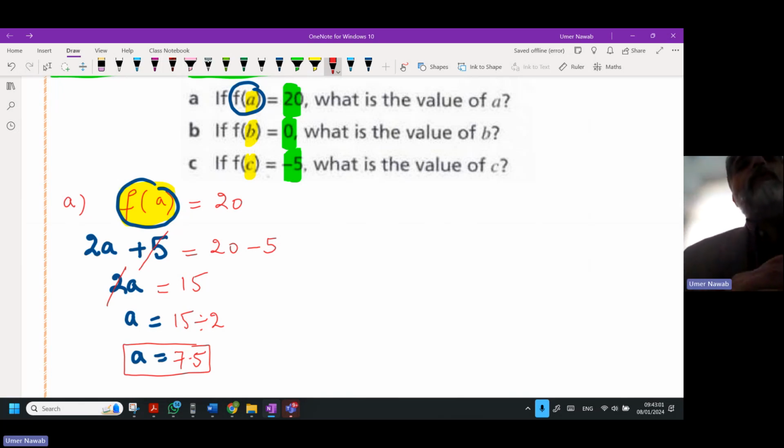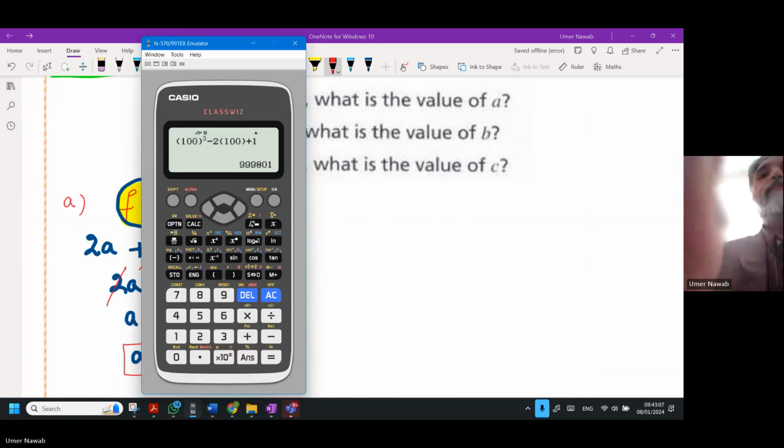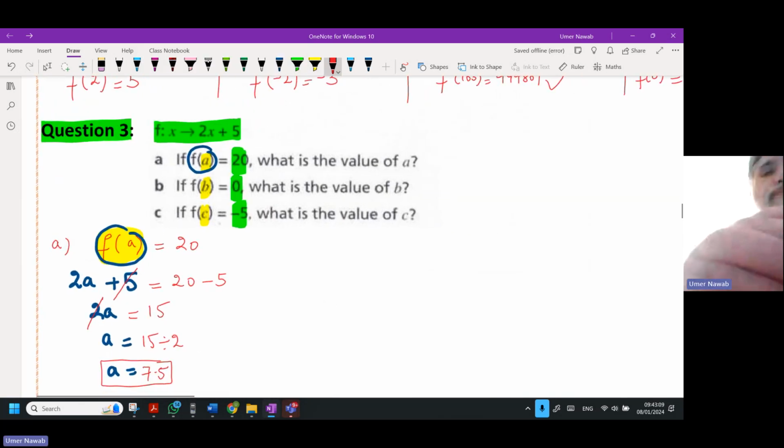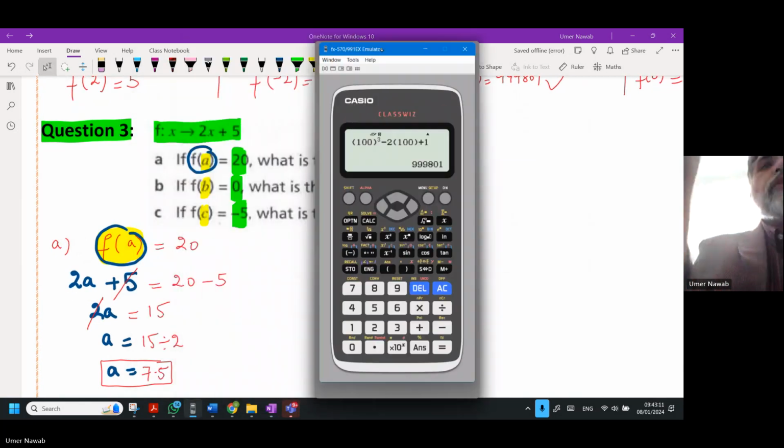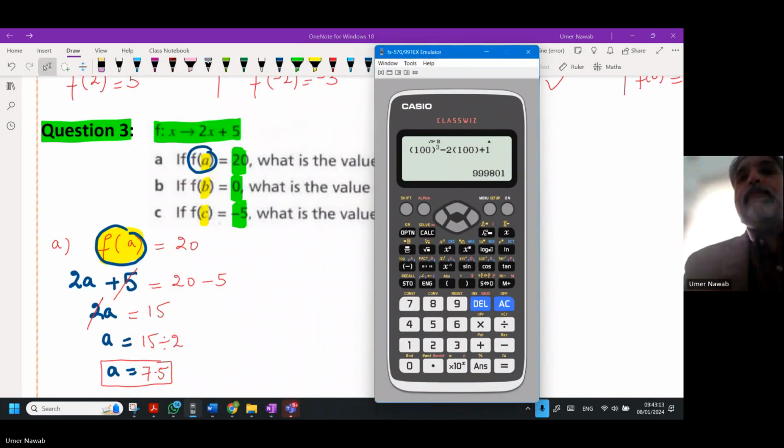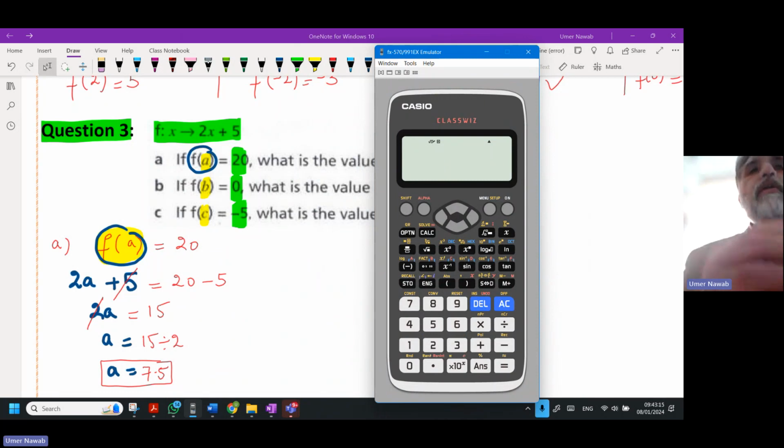Now, how to solve this with the calculator when the output is given? Interesting. I want to show you the original function. Can I copy 2x plus 5 on the calculator and write the equal sign?